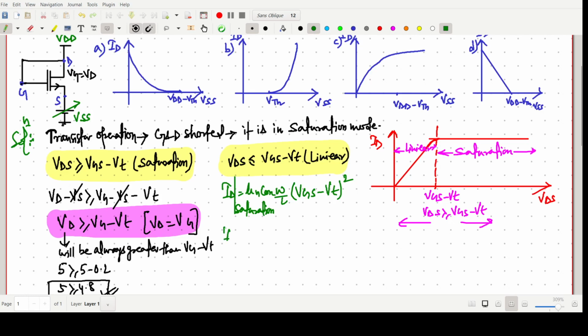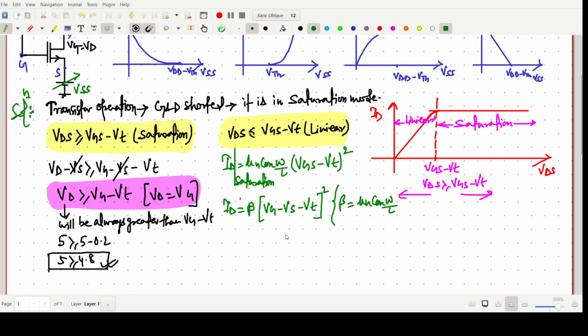I am writing mu n Cox W by L as beta, the transconductance parameter. Then one can write ID equals beta times (VG minus VS minus VT) whole square.